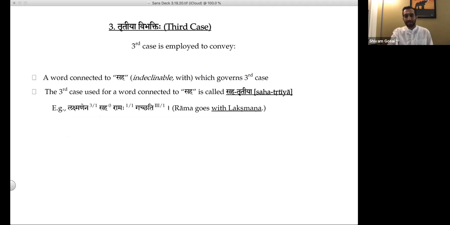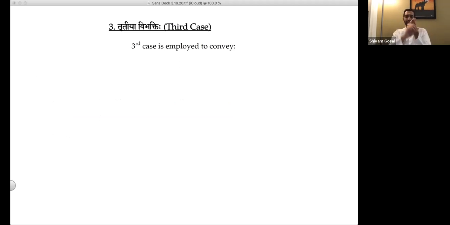And the fourth is saha tritiya that we talked about at the end. When a word is connected with saha, it governs the third case. So that's karane tritiya, kartari tritiya. Then heto tritiya, which is non-karaka. Then itam buddhe tritiya and saha tritiya. You definitely want to at least catch the karaka vibhakti, so karane and kartari. Those are probably the most important. I mean, they're all important, but those are the most common, and you'll see those more often.